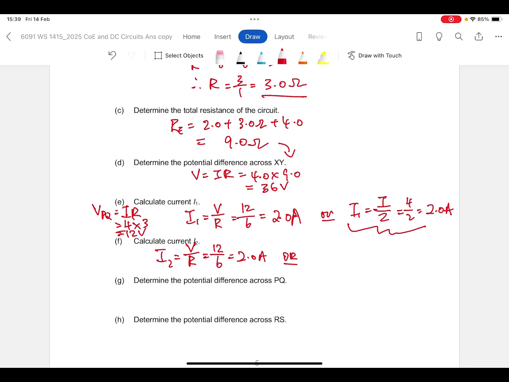Or you can take the main current minus the current in the first branch. So there are three ways to do this. I2 equals I minus I1, the main current 4 amperes minus the current in the first branch 2 amperes, which is 2 amperes.